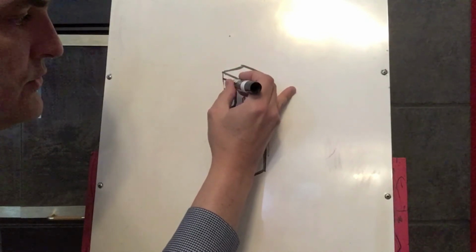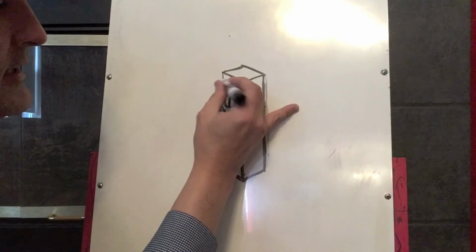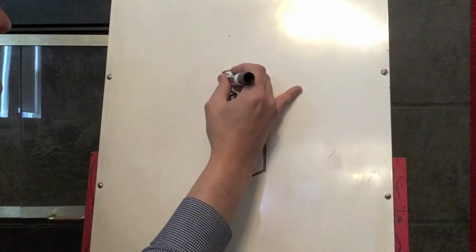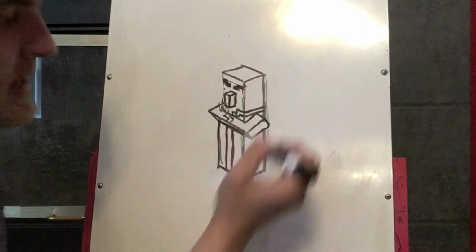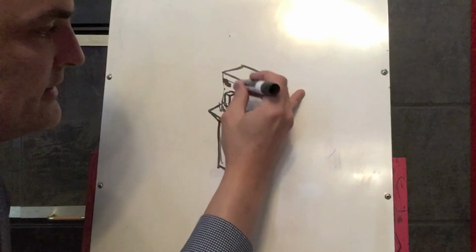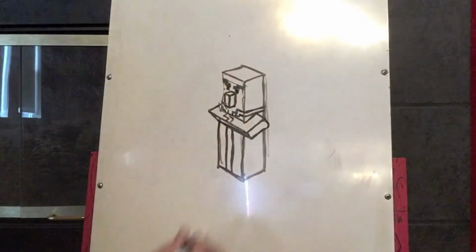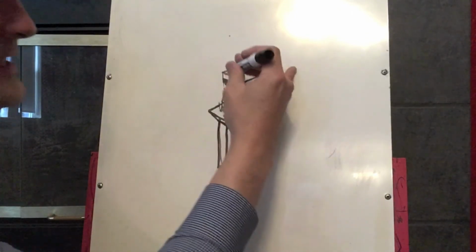We're going to 1, 2, 3 like that. And then over like that. And we're just going to fill in those black. And then just two little squares for his eyes. So right there, underneath there, right there, underneath there. I'm going to just go ahead and erase that line in the middle.